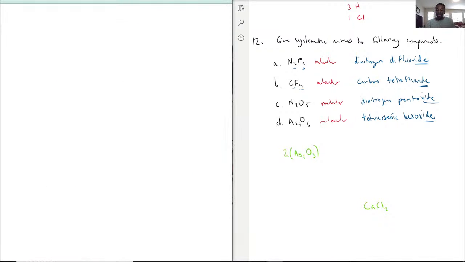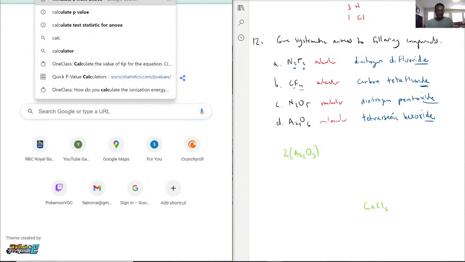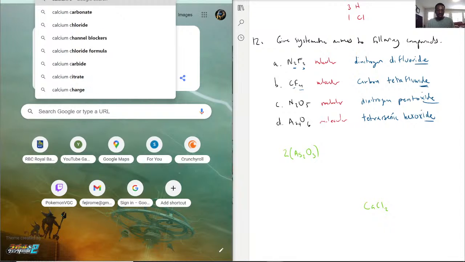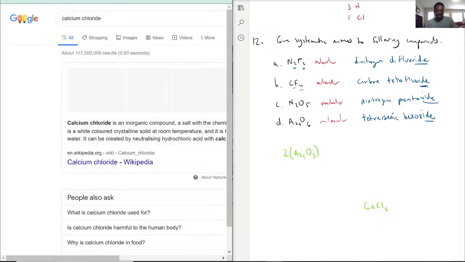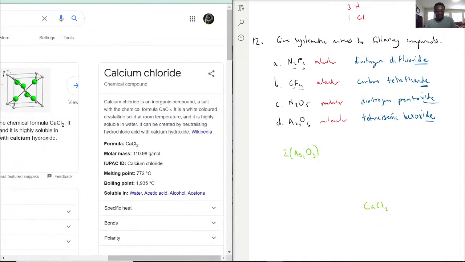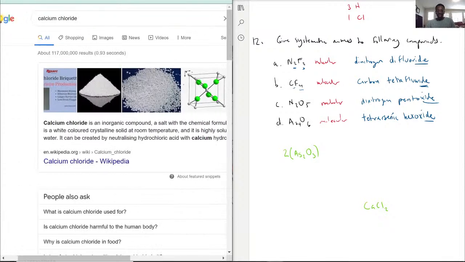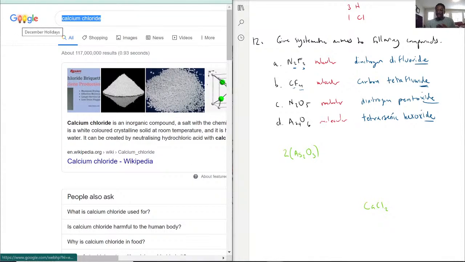In fact, if I were to search it up, it'd just be calcium chloride, and you'll see it here, CaCl2. But if I were to search up arsenic trioxide, which literally breaks almost every rule we know so far about naming, that makes sense because it's a metalloid. It does what it wants. Unfortunately, this would be one of those you kind of have to memorize.